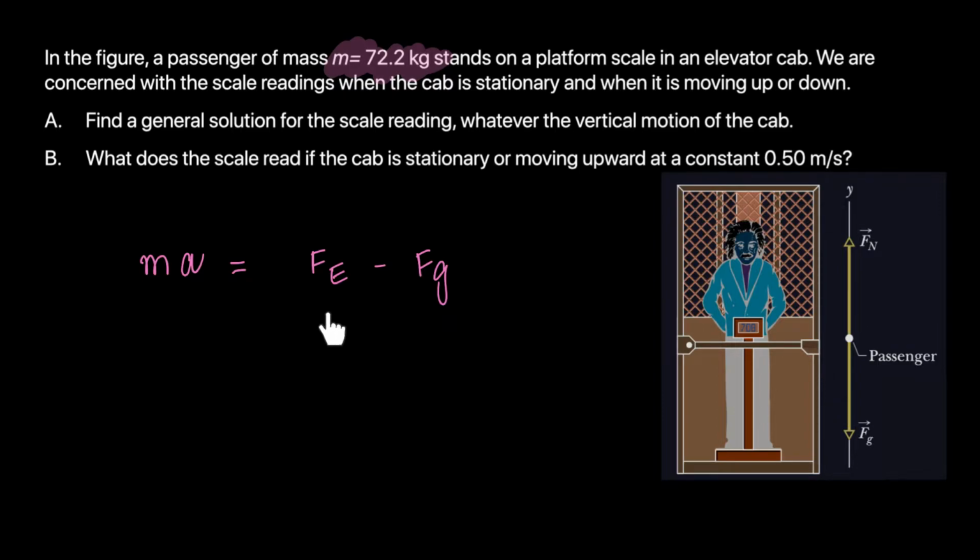With that said, now what is this Fe? It's not only the force experienced by the person due to the elevator. It's also the force experienced by the scale over here. Because the only force acting between these two is, if it wasn't moving, equal to his weight.